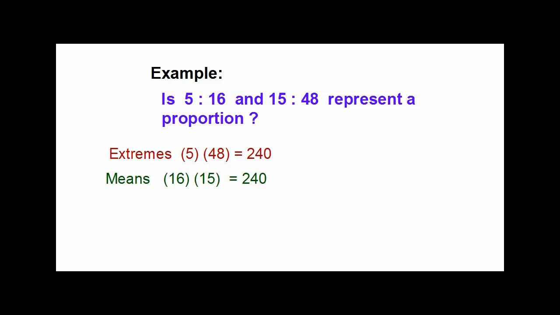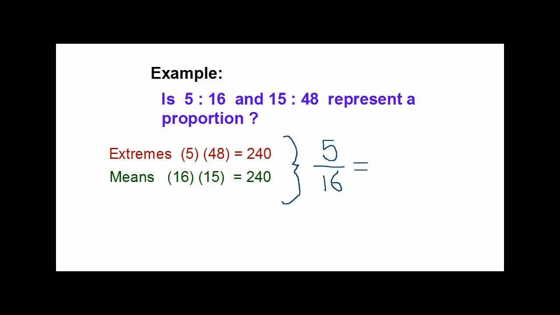The means together, which is 16 times 15. And you can see that they have the same result. From these two results, we can say that 5/16 is equal to 15/48, and this represents a proportion.